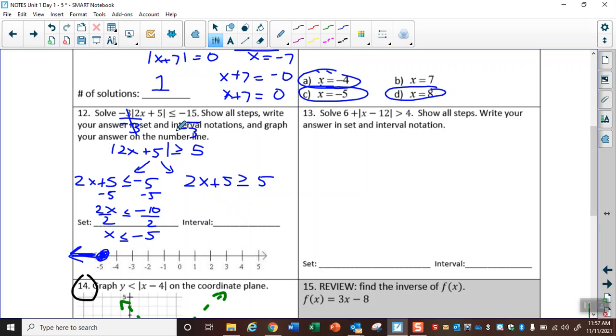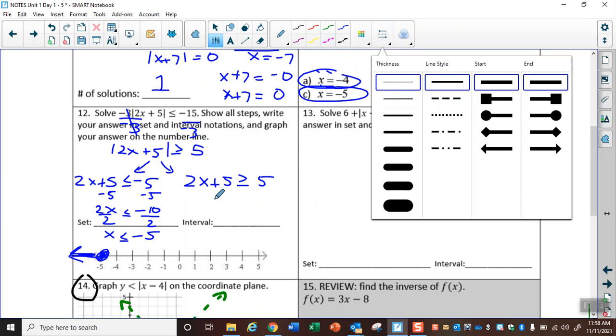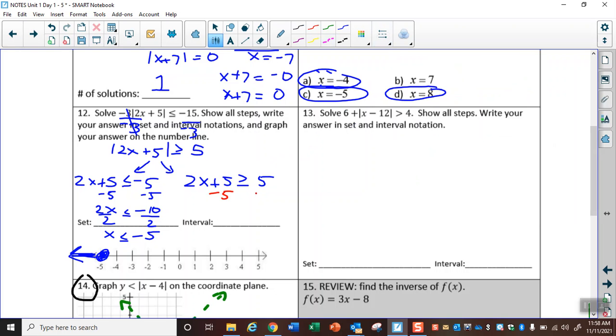And then the other one, I'm going to have -5 minus 5. So I get 2x is greater than or equal to 0. Divide by 2, divide by 2. x is greater than or equal to 0. So there's that, and then greater than goes to the right-hand side.